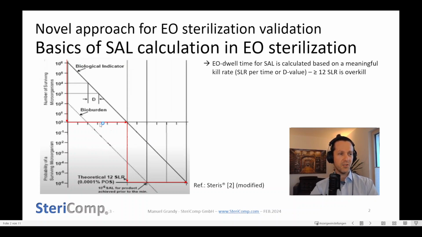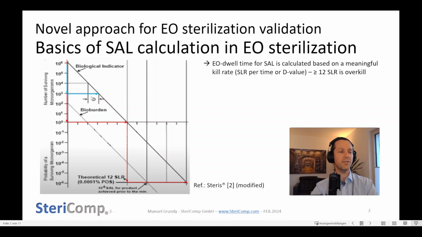So again, you established a certain kill rate, and from there you calculate the time needed for your SAL. This is the basic idea. And now you could also establish a rate with a sublethal cycle where you reduce from 10 to the 6 to 10 to the 3 in, for example, 3 hours.